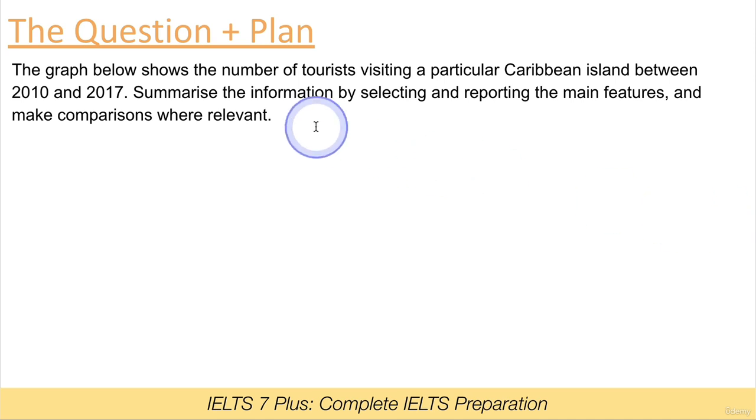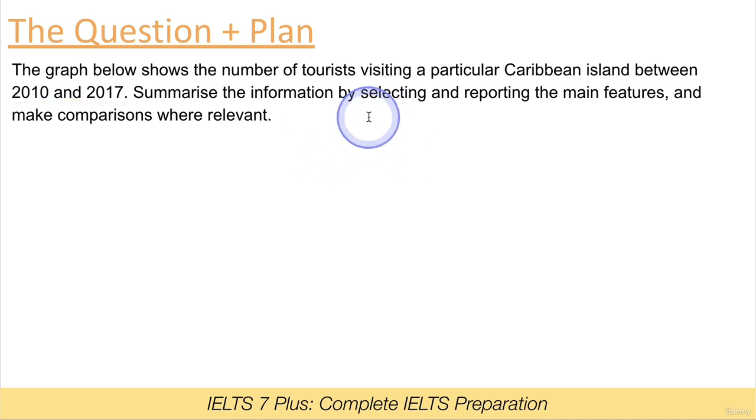Okay, let's have a look closer at this question. So we're looking at the number of tourists visiting a particular Caribbean island. We don't know the specifics, between the years of 2010 and 2017, so 7 years. Summarize the information.